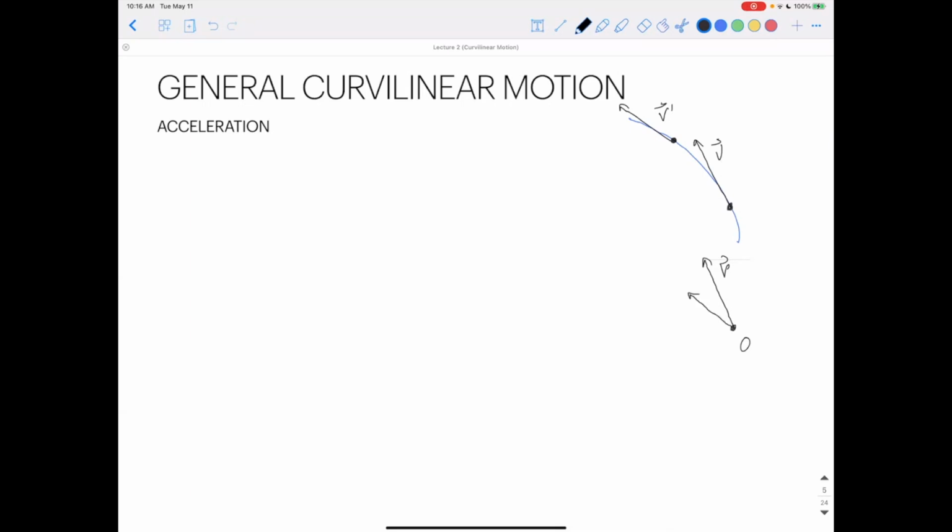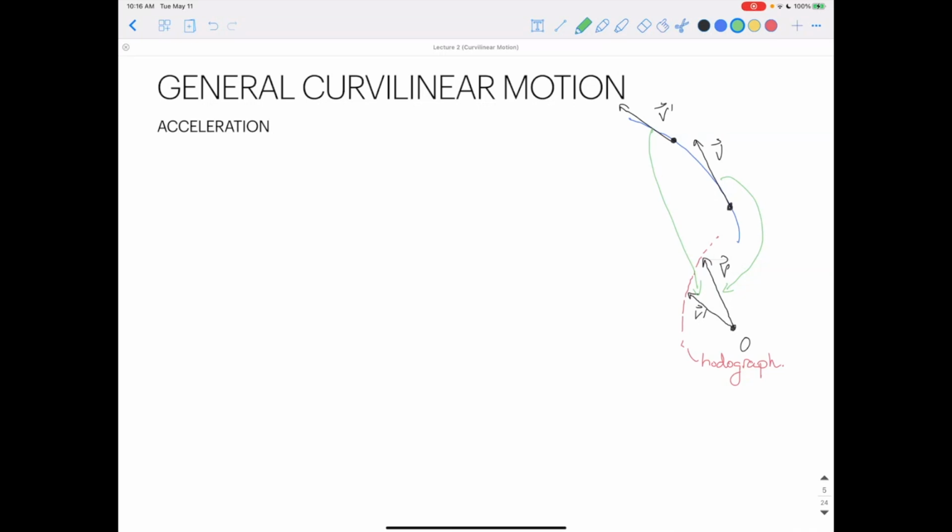The next velocity is at this point, and then the line connecting these, if we were to continue somewhere along here, would be our hodograph line. So this vector is drawn here, this vector is drawn here, and if we plotted all of those vector lines as our particle moves along its path, we would end up with this red line, and that would be our hodograph.